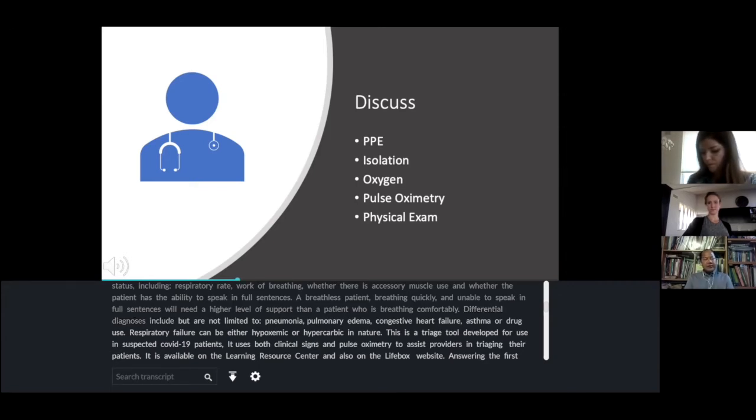Differential diagnoses include, but are not limited to, pneumonia, pulmonary edema, congestive heart failure, asthma, or drug use. Respiratory failure can be either hypoxemic or hypercarbic in nature.